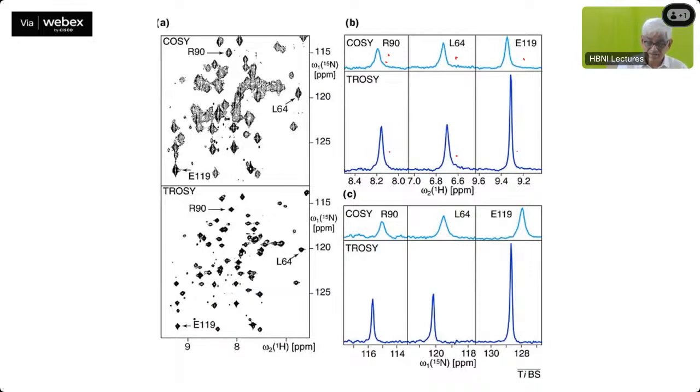Similarly here. Similarly for the nitrogen, this is for the proton, and this is for the nitrogen. Because you measure the line width along this axis or along this axis. Both you can measure, no?